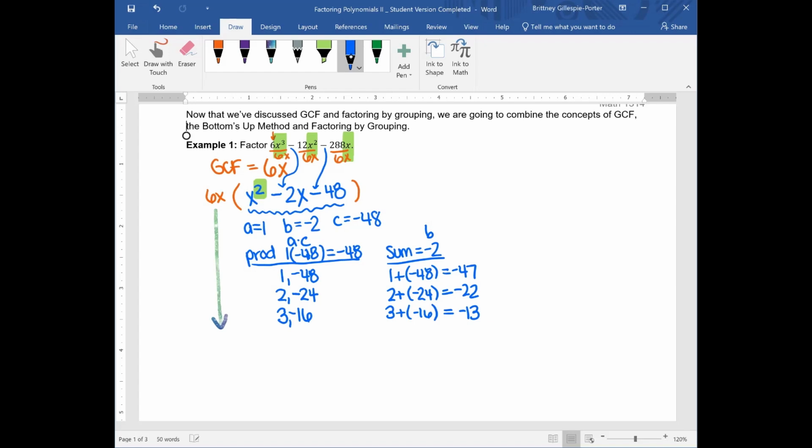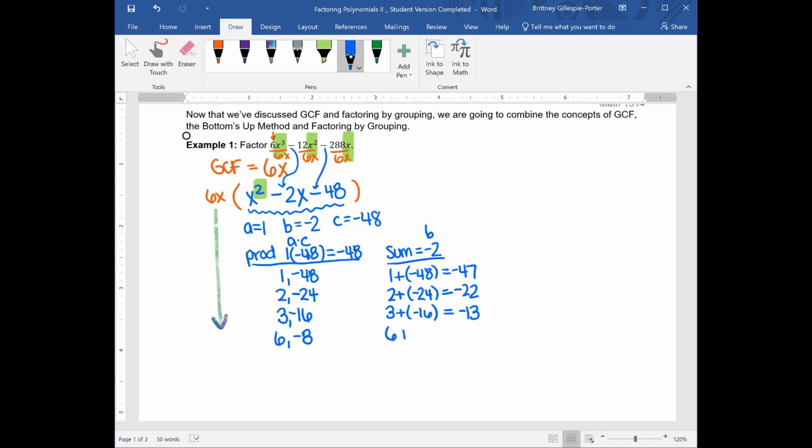So I'm getting closer. 4 and 12 would work to multiply, but when you add 4 and negative 12, you get negative 8. The numbers we're going to need are 6 and negative 8. We wouldn't have included 5 in this list because when you take 48 divided by 5, you get a decimal, not a whole number. So it's not a factor of 48.